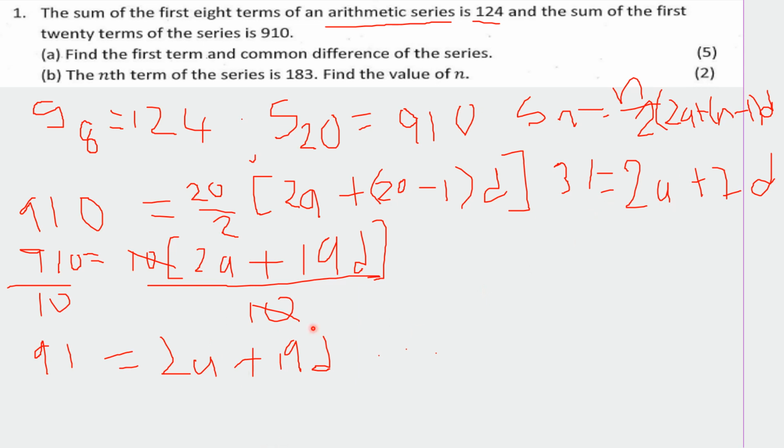There are actually a lot of methods that you can use to solve simultaneous equations, but in this case we'll use the simpler one. I will show you all the methods when I do algebra. So it's going to be 91, which is equal to 2a plus 19d.